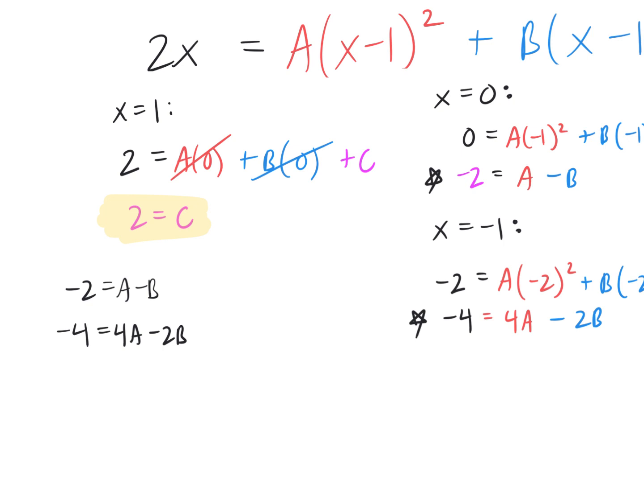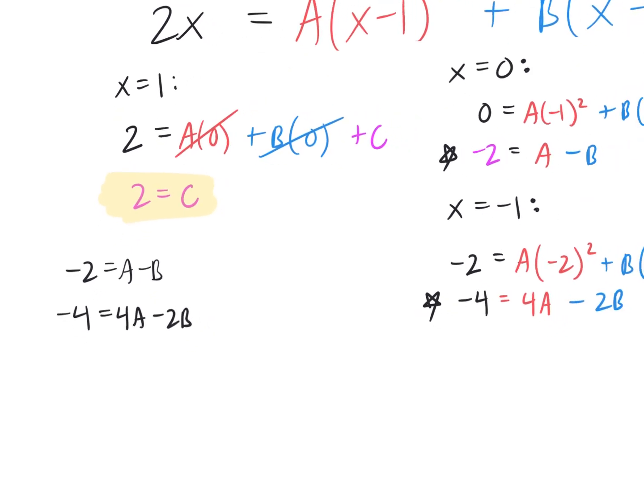Okay, so we can solve this however we want. Substitution, elimination, it doesn't matter. It's kind of set up so we could solve it by, well, either one really works. What do you guys want to do, substitution or elimination? Elimination, okay. If I do elimination, that means I need to multiply this top by what? Let's do negative 2, so that way when I add them, they go away, yeah? So negative 2 times negative 2 will be positive 4.